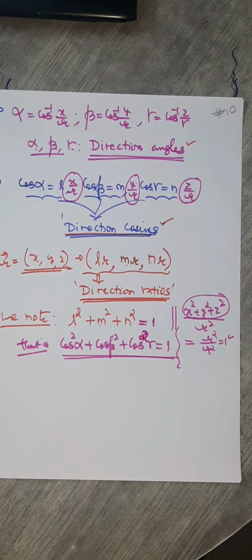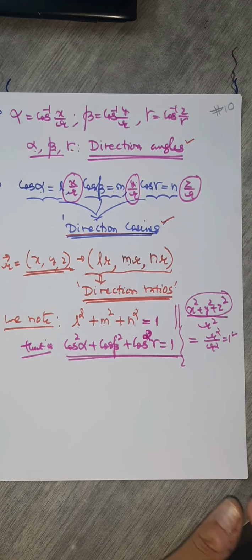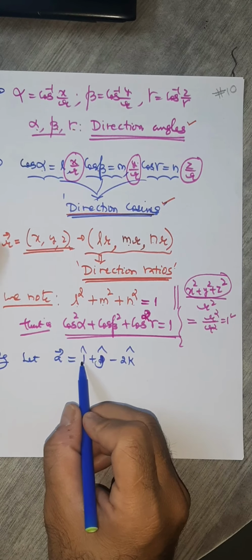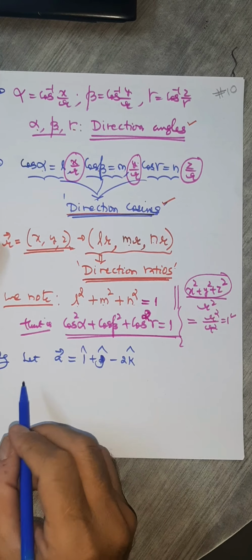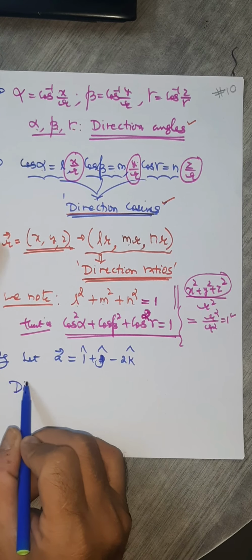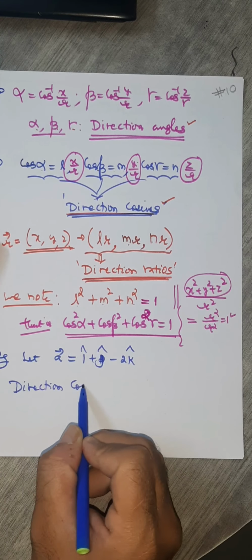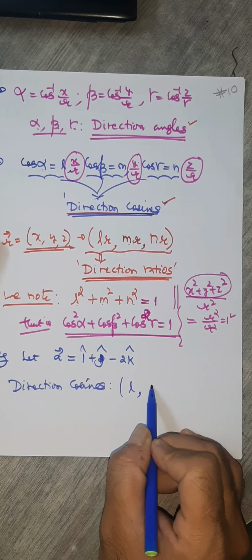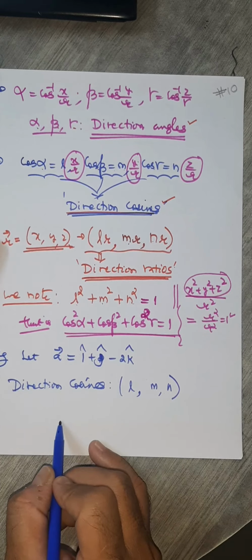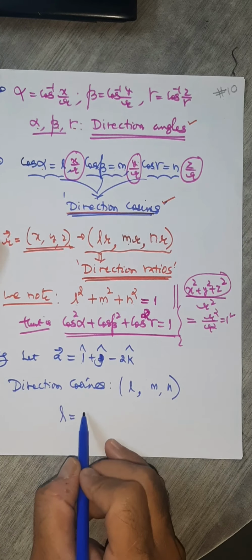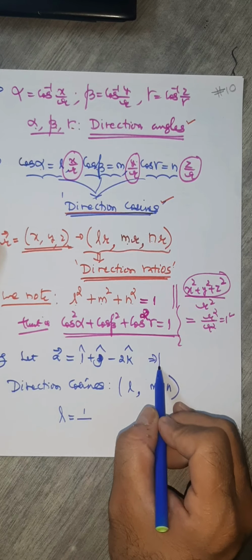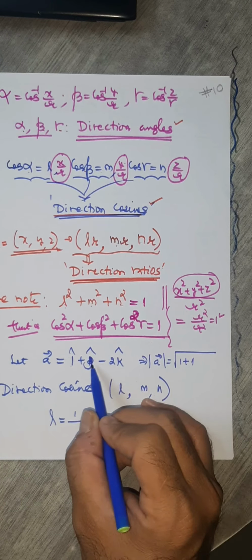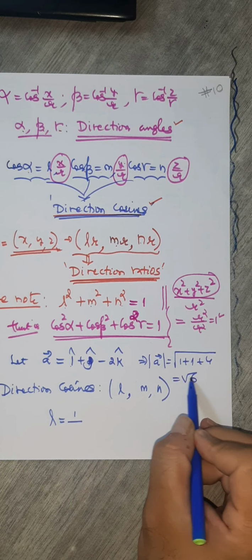Let me take one simple example. Suppose the vector is i cap plus j cap minus 2 k cap, and I want the direction cosines. What is l? The first component upon its magnitude. The magnitude of this vector is root of 1 plus 1 plus 4, which is root 6.